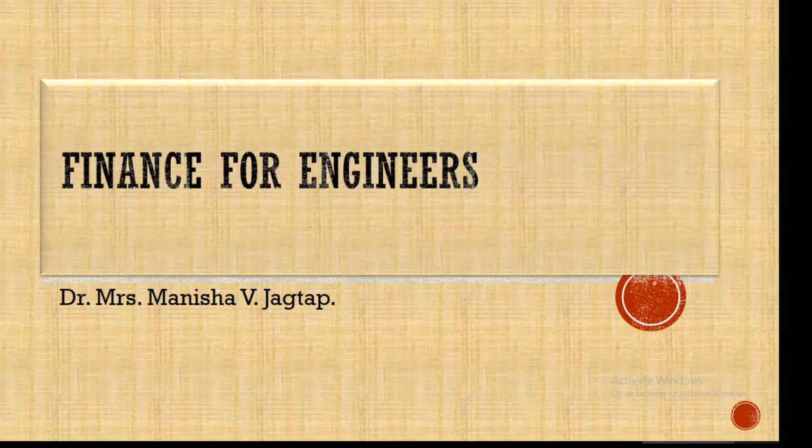Over the last few lectures, we have understood how one can read and analyze financial statements. We will now focus our attention on analyzing these financial statements by using various ratios.